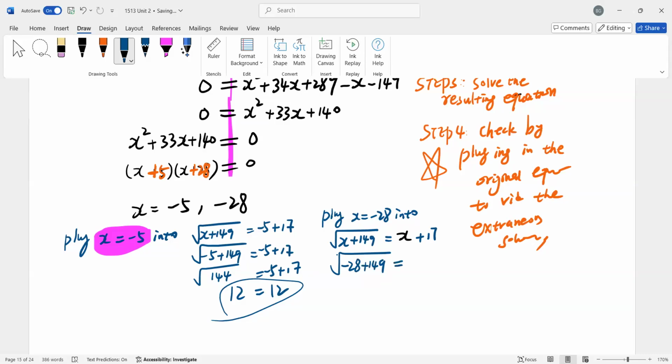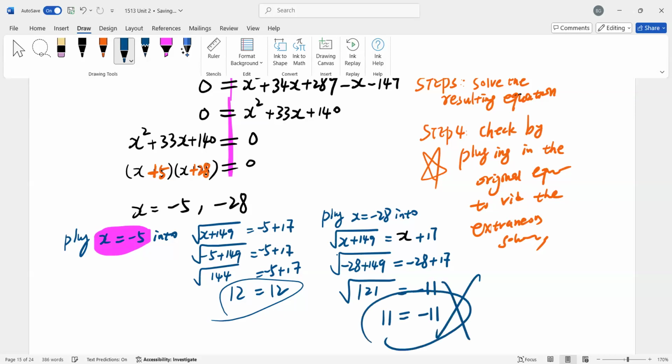And here, x is -28 plus 17. Under the square root, we have square root of 121. On the right side, we are going to have a negative number. Be very careful. -28 plus 17 is -11. Right side is -11. Left side, square root of 121 is +11. That is a contradiction.